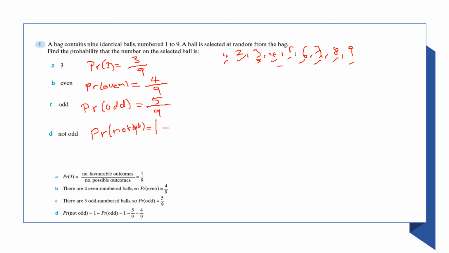And we're going to subtract the probability of it being an odd number, because we're saying that it is not odd. The probability of being odd we already calculated, which is 5 over 9. So we're going to say 1 minus 5 over 9.